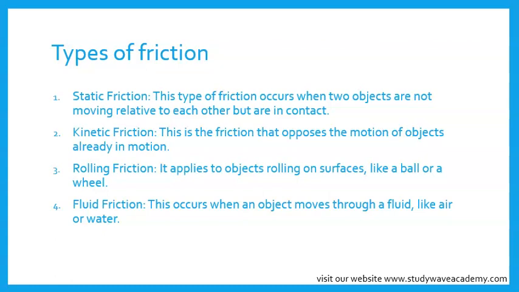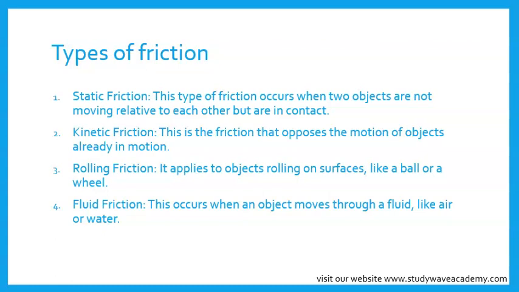Fluid friction. This occurs when objects move through a fluid like air or water. So this type of friction occurs when an object moves through a fluid, like the resistance you feel when swimming through water.